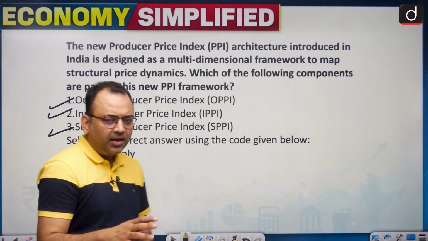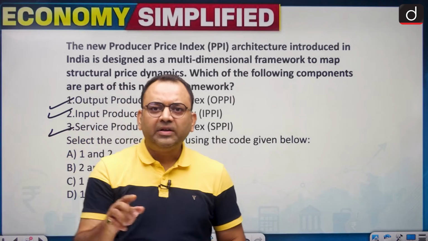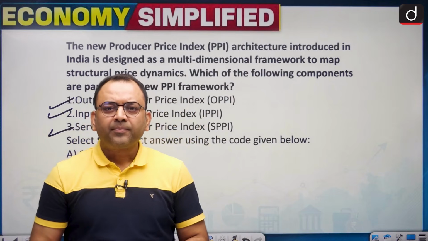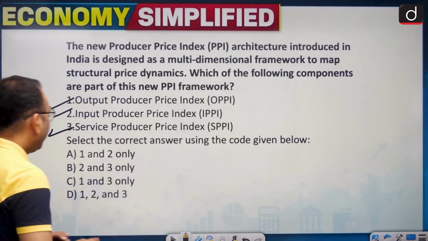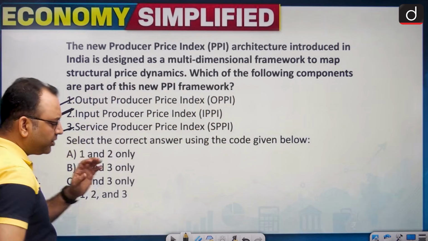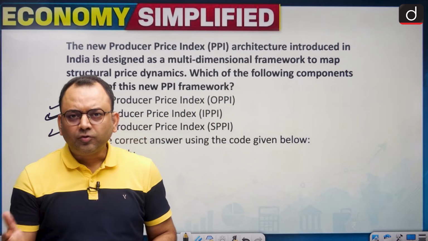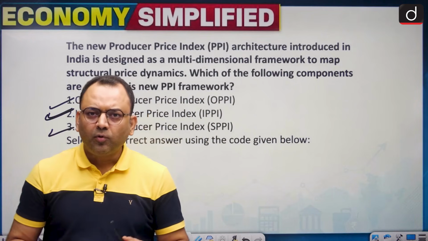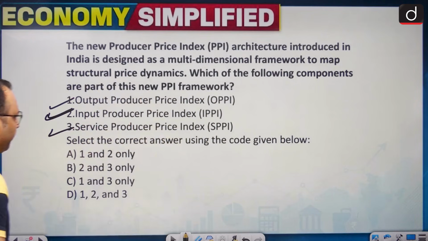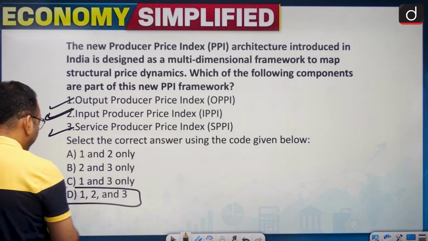Because when a producer will sell a product, they will take care of the input cost. So an input price index will be measured. When he sells the produce, output price will be measured, and goods and services both will be largely measured, and that's why here the answer becomes 1 to 3.